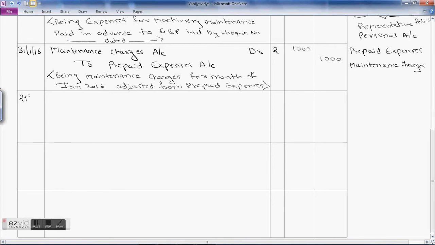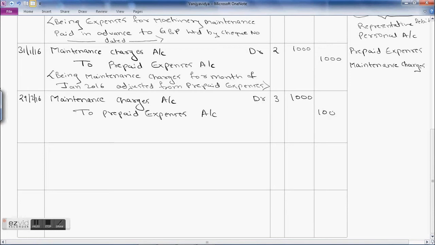So at the end of the month, 29th Feb 2016, again we have to pass the same entry, that is maintenance charges account, debit to prepaid expenses account. Entry number is 3 and amount will be same, 1000.